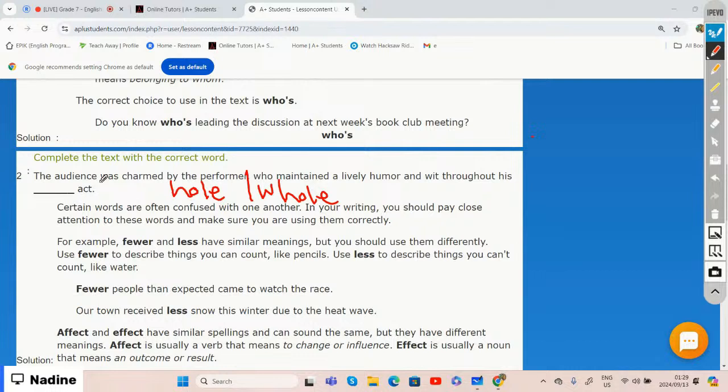If we were to choose the correct answer, we will choose whole, because the other word, hole, is used for like a deep well or hole in the ground.